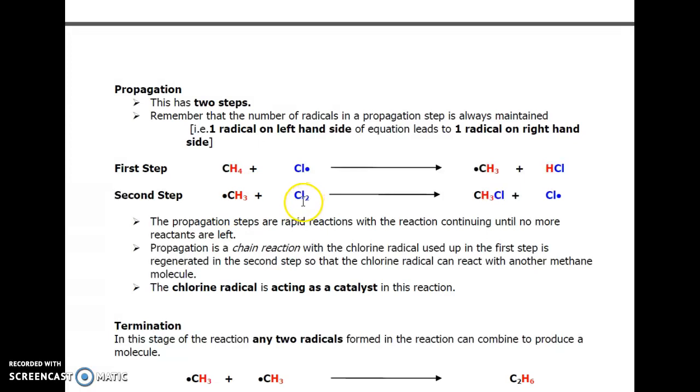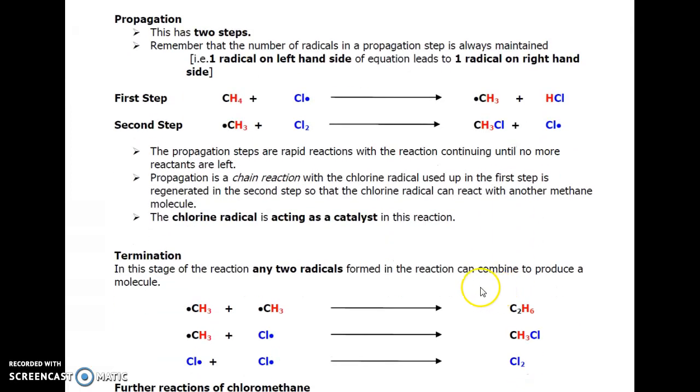This methyl radical now takes a chlorine atom to form our desired product, which is chloromethane, and leaves us with a chlorine radical. So overall, if you look at these two steps, we start off with the chlorine radical, we finish off with the chlorine radical. This reaction is catalytic in chlorine radicals.